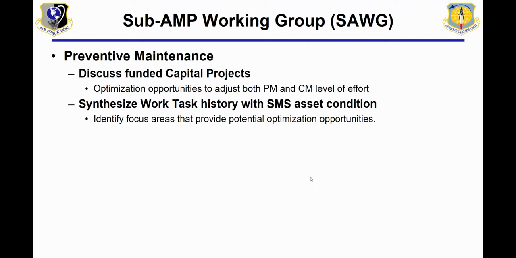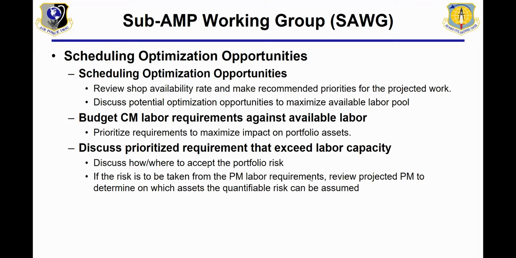It's a good opportunity to take a look at what the work planning is projecting under SMS, and does the work task history really line up with what SMS is predicting for you? And if you do come up with some opportunities to optimize and gain some capacity back, how do you use it?